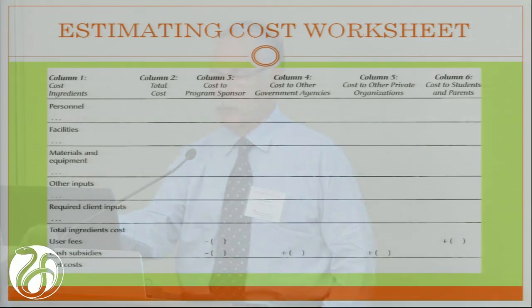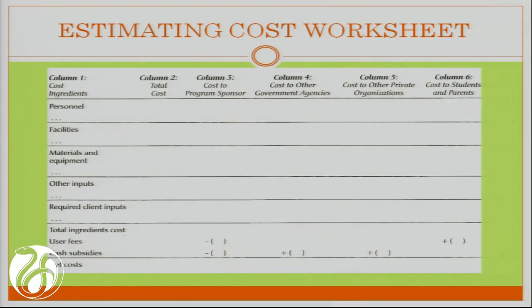I'm going to show this very quickly, but this is an example of a cost worksheet where in column 1 you have the ingredients. Of course, these are Excel sheets and they can go on for miles if you want.